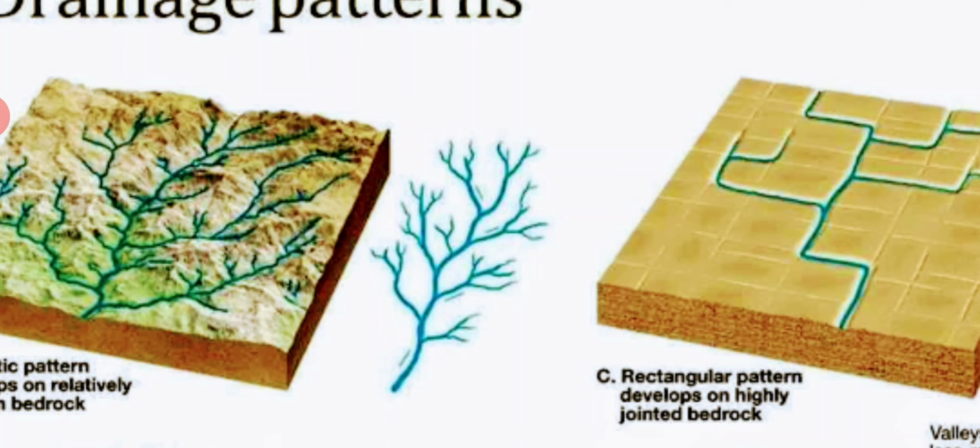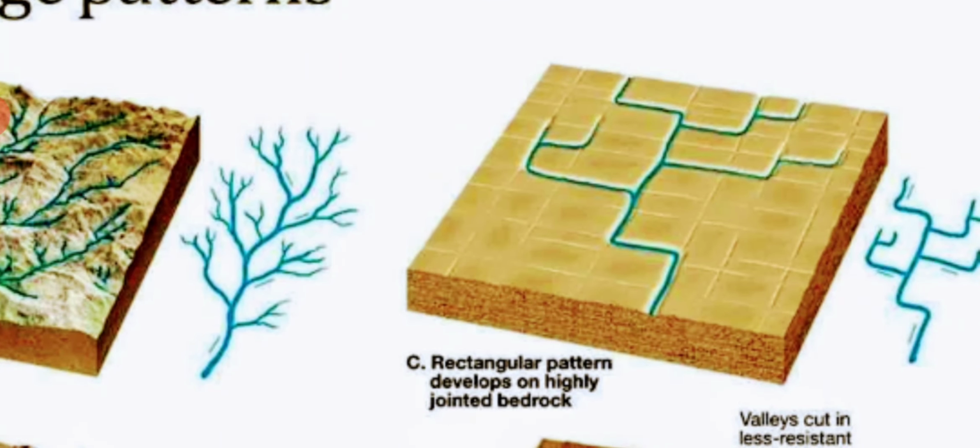Okay. Another pattern of rivers and their tributaries is the rectangular pattern. If the underlying rocks have cracks, if the underlying rocks are sedimentary rocks, if the underlying rocks have faults, they will create gully-like features, where a pattern like this will be visible.